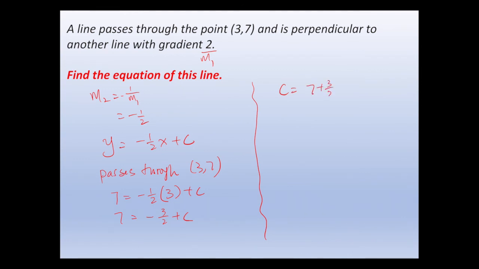Continuing in the next column, c equals 7 plus 3 over 2, which, taking it to the same denominator, 2, is 14 plus 3, which is 17 over 2. Therefore, the equation of this line is y equals minus half x plus 17 over 2.